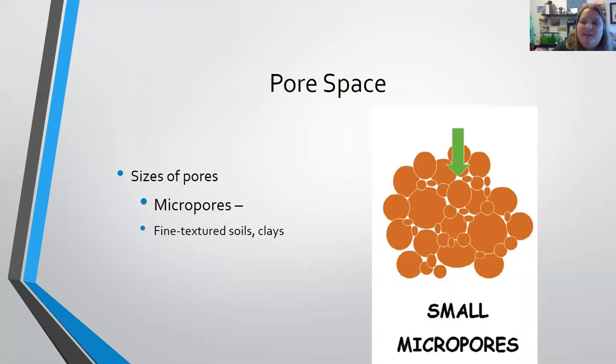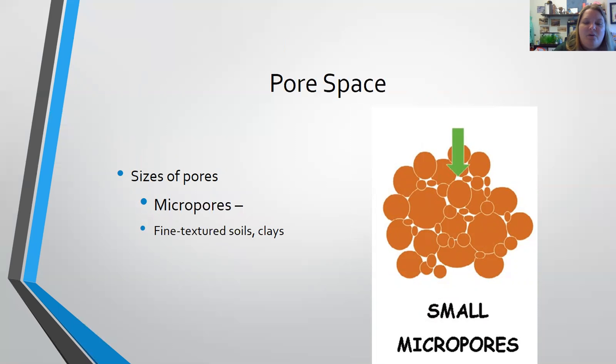Then for water, those typically fill what we call the micropores. These are the smaller ones that are too small for much air movement, and they're small enough between particles that it can really hold on to water, and then that can be exchanged with plant roots. So these micropores are typically filled with water.